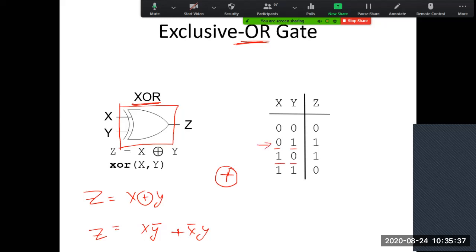If they are different, in these two cases you are getting 1 as your output. If they are the same, you will get 0. You can interpret this in this way also: I am comparing two bits. If the two bits are equal, I am getting 0, and if they are not equal, I am getting 1. Is that clear?